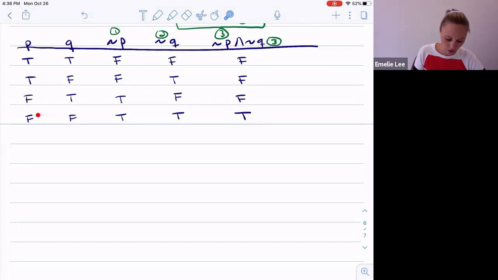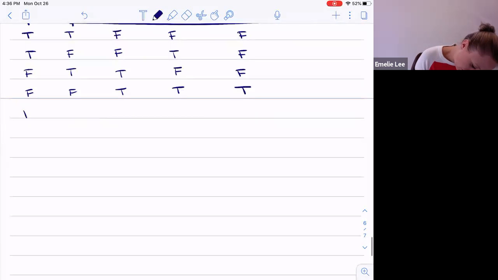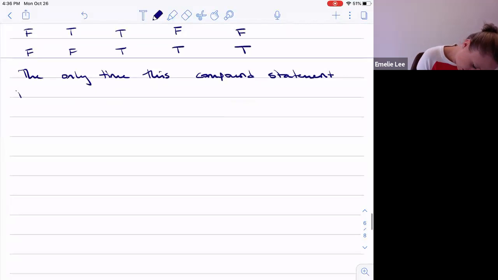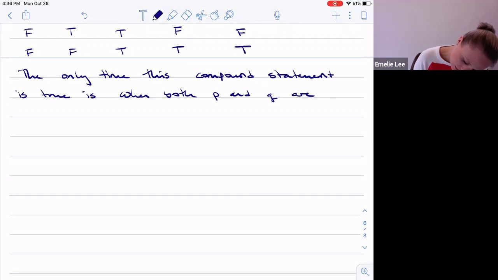So you have to have P and Q both false in order for the compound statement to be true.